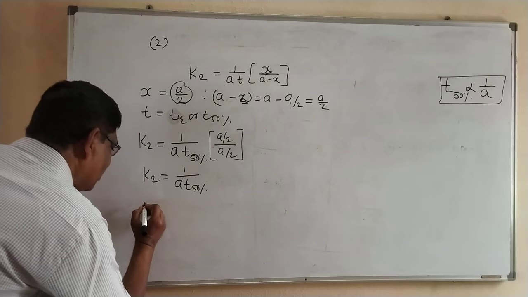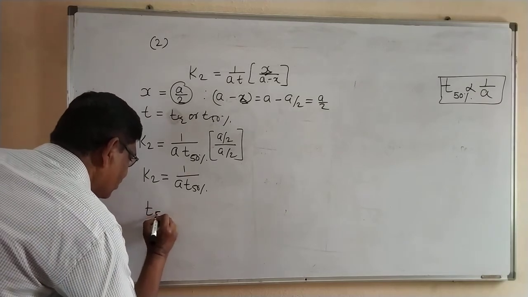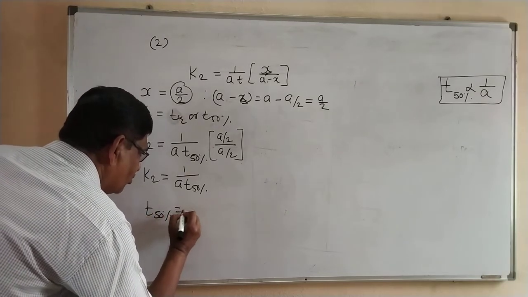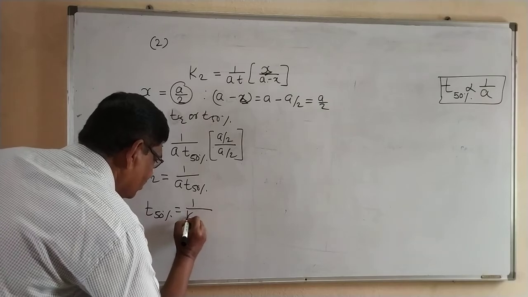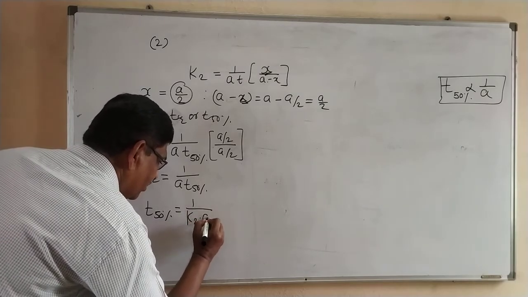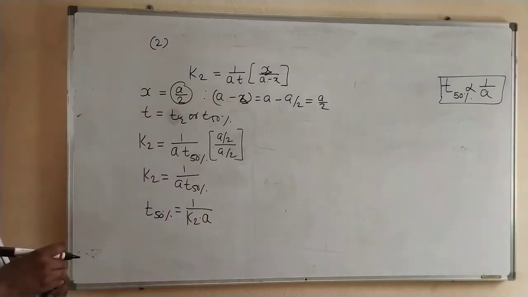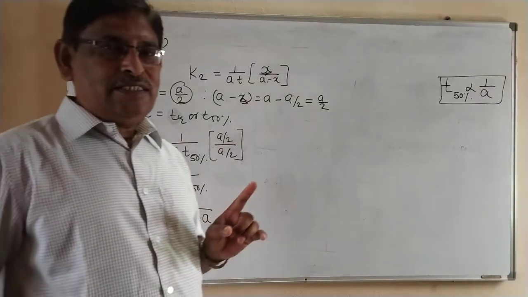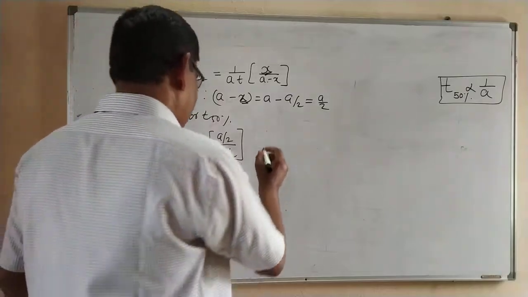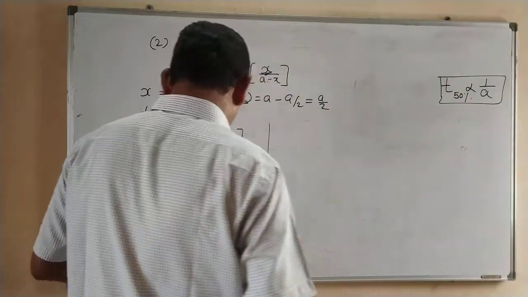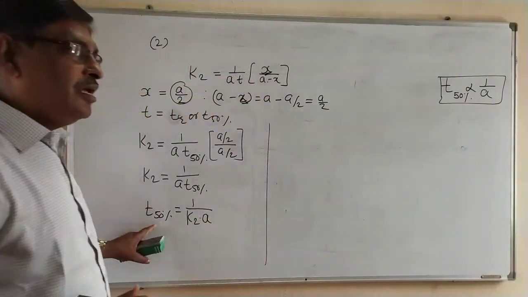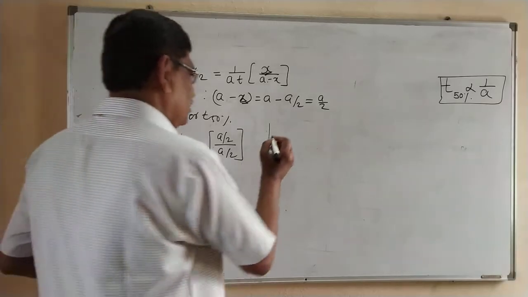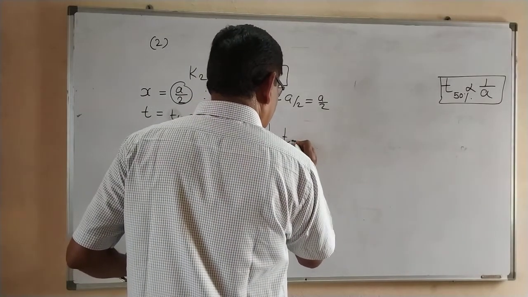We separate T 50% is equal to 1 over K2 into A, where K2 is the constant for second order reaction. The equation can also be written as T 50%.